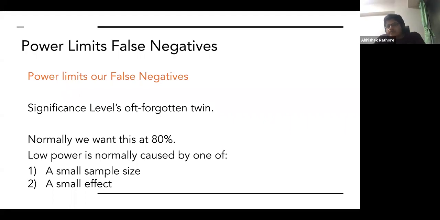We can go into some more details about what power is, and why it is important, in the next session. But as of now, what I want to focus on is that the concept of power analysis helps limit false negatives and improves the accuracy of our experiment decisions. Generally, we do this analysis before starting an experiment.